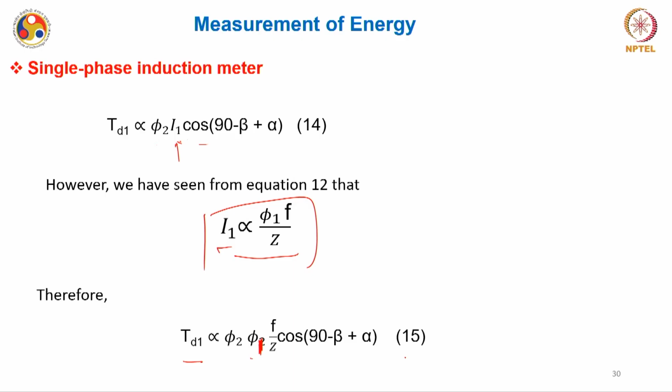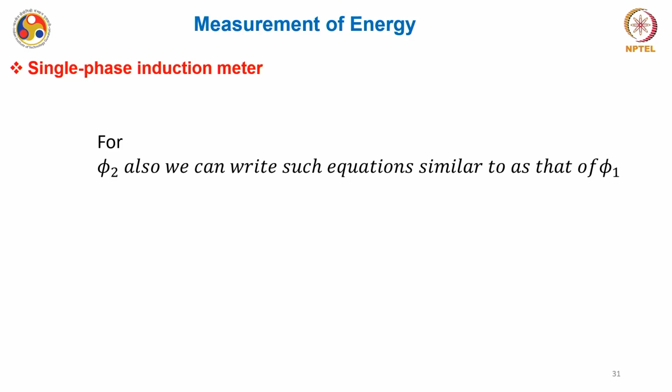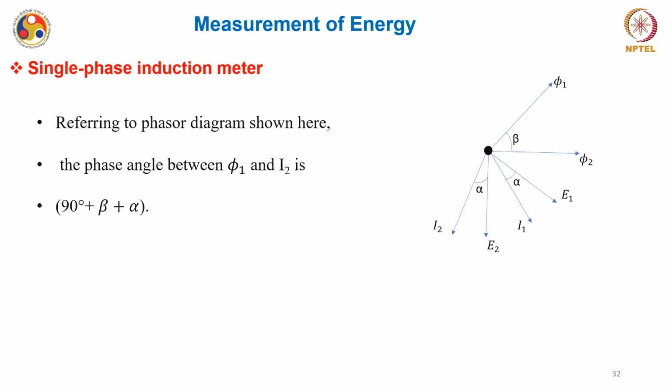So we have written the equation for flux phi 1. Similarly, we can also write for phi 2, a similar equation can be written. And again, if I refer to the phase diagram as we have seen earlier, the phase angle between phi 1 and I2 can be calculated. So this is phi 1 and this is the I2.